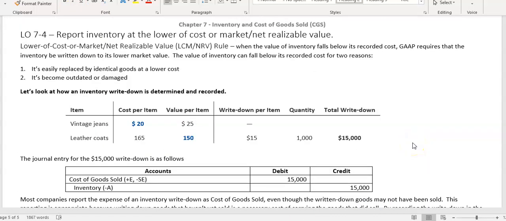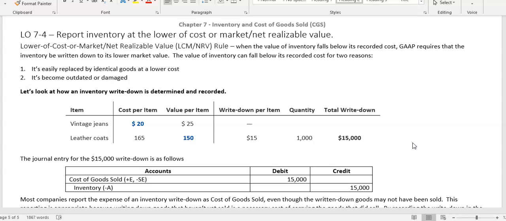The last item on this mini lecture involves Learning Outcome 7-4, or how to report inventory at the lower of cost or market, which is also called net realizable value. Now, this states that when the value of inventory falls below its recorded cost, in other words, what you purchased it for, generally accepted accounting principles require that the inventory be written down to its lower market or net realizable value.